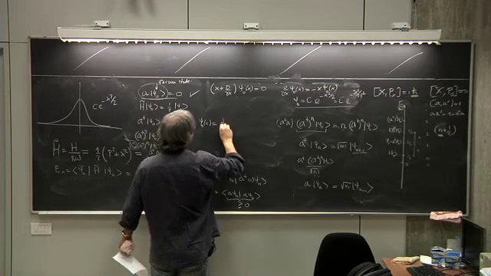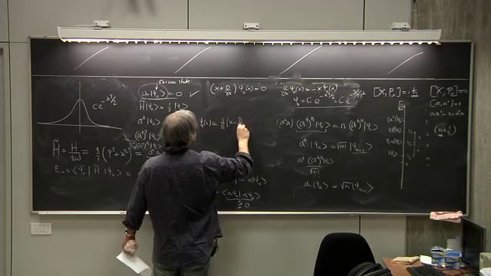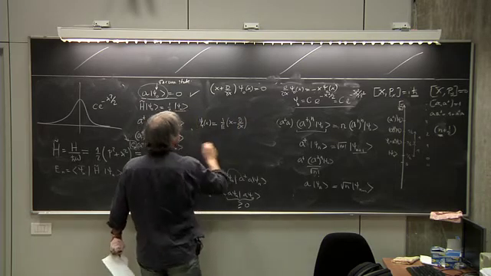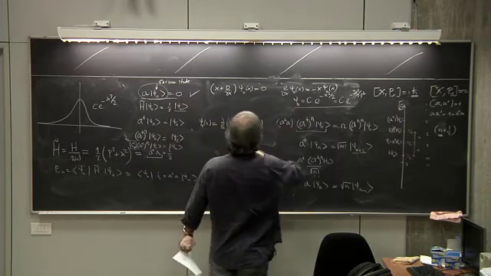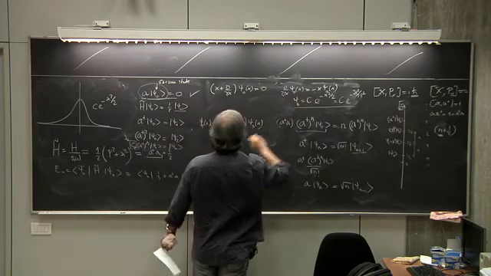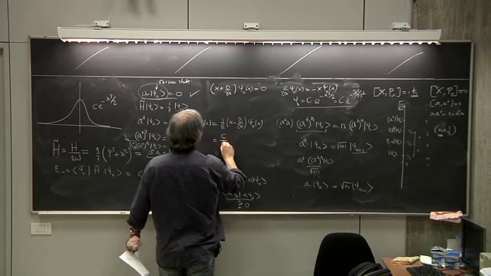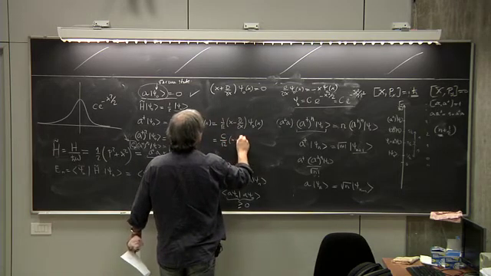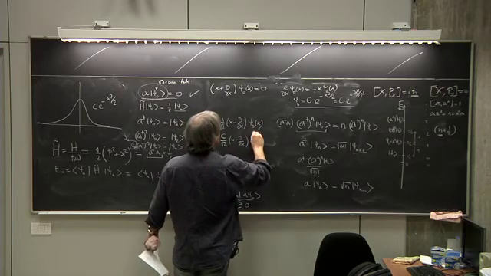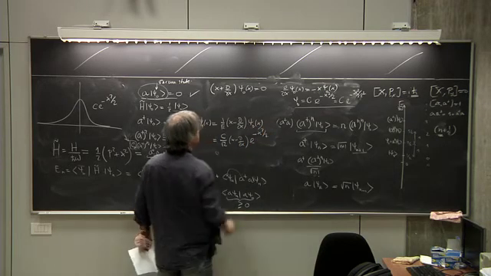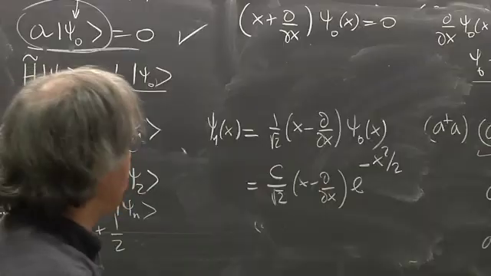If you remember, A dagger was x minus the derivative with respect to x, applied to phi 0 of x, which we calculated to be c e to the minus x squared over 2. So this is c over square root of 2 times x minus the derivative with respect to x, applied to e to the minus x squared over 2. Let's calculate these simple things.